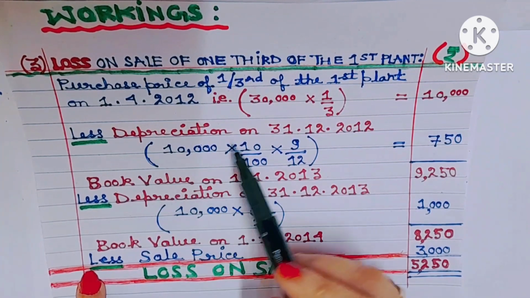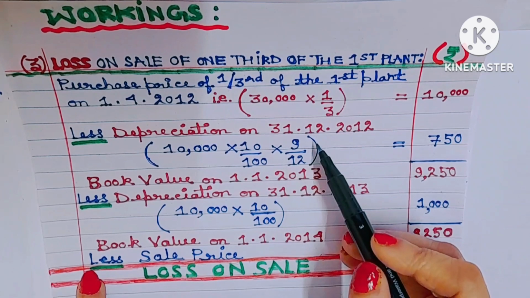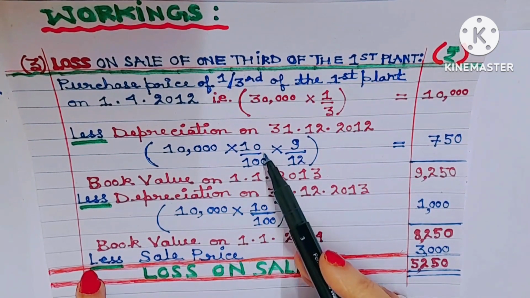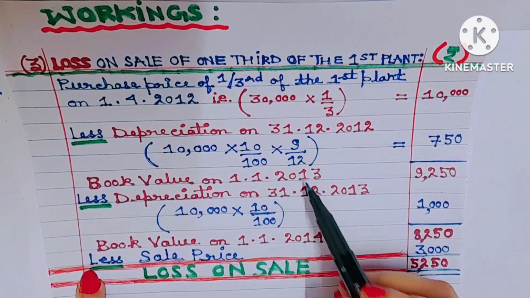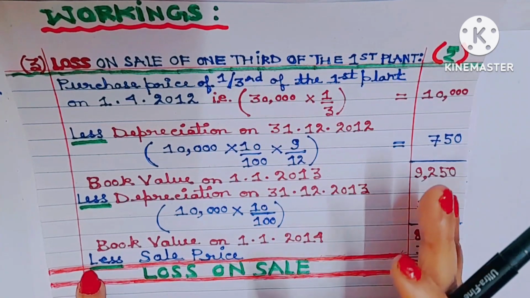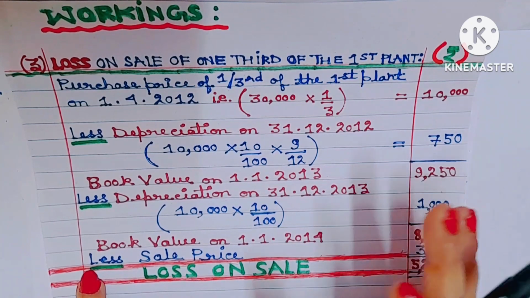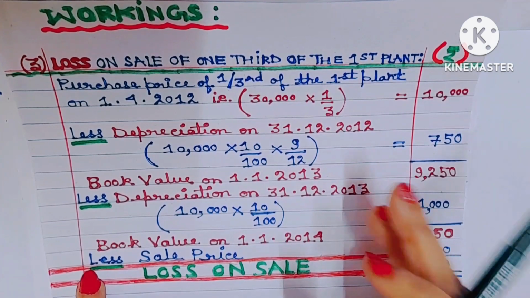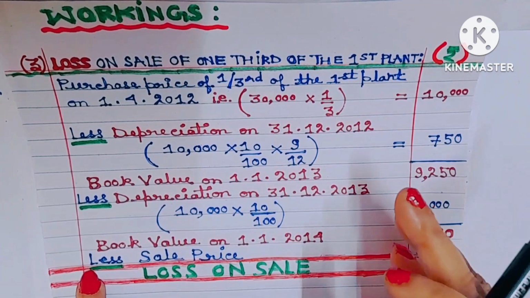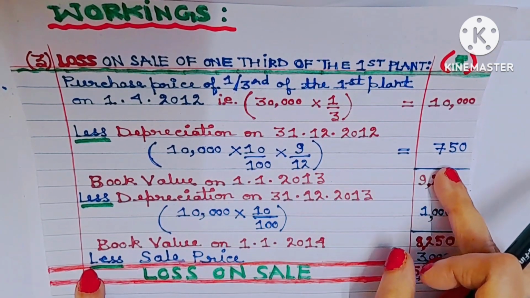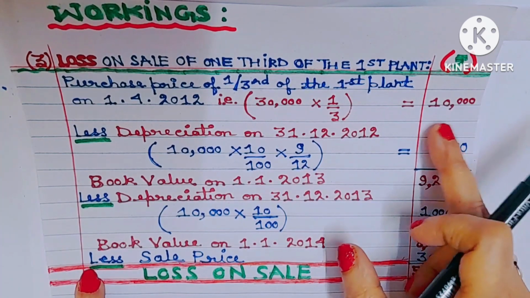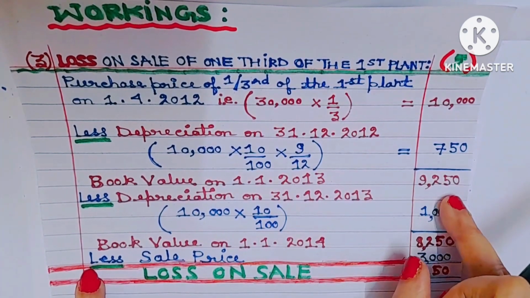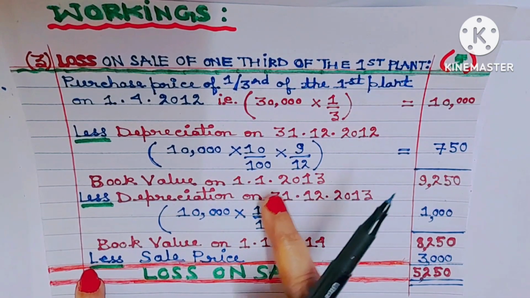Less depreciation on 31st December 2012: 10,000 into 10 by 100 into 9 by 12, because the first plant was purchased on 1st April 2012. That is, from 1st April 2012 to 31st December 2012 is 9 months. That gives 750. So after deducting 750 from the cost of 1/3 of the first plant, you'll get 9,250. That is the book value on 1/1/2013.